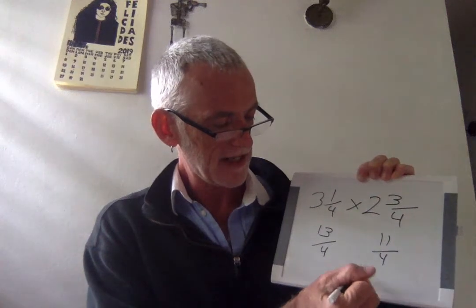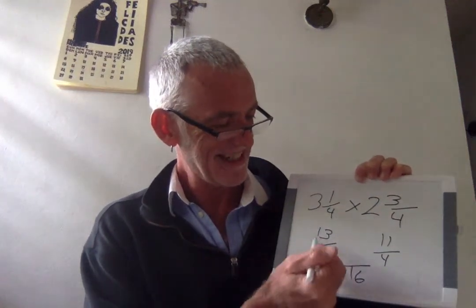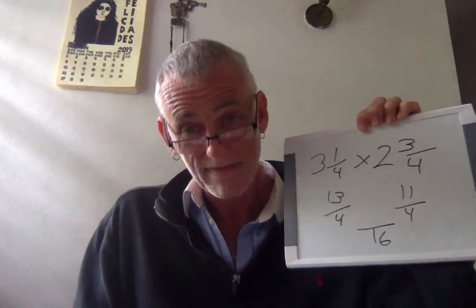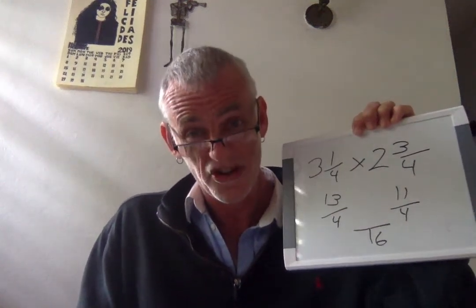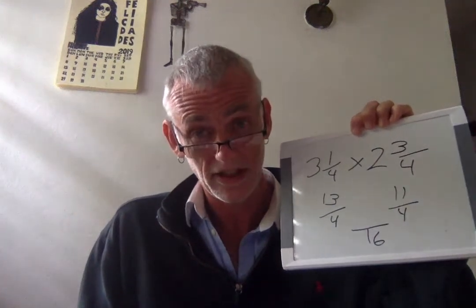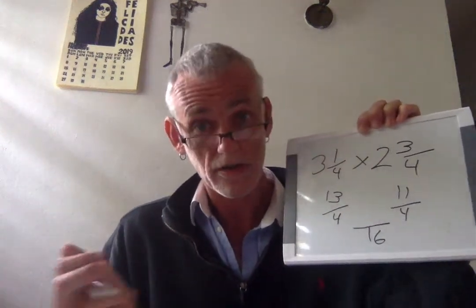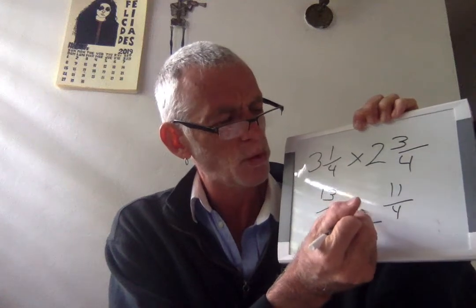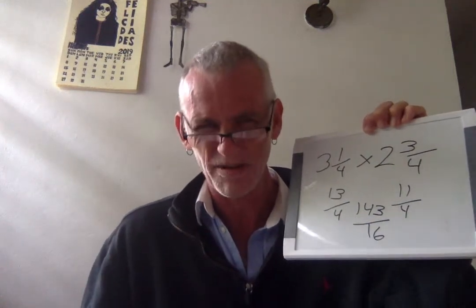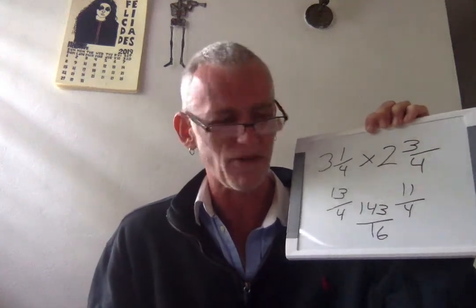On the bottom you got 16, 4 times 4 is 16. On the top, 11 times 13. Well, 10 times 13 is 130. 1 times 13 is 13. So 130 plus 13 is 143. 143/16. That's a fun number. That's what we're looking for.